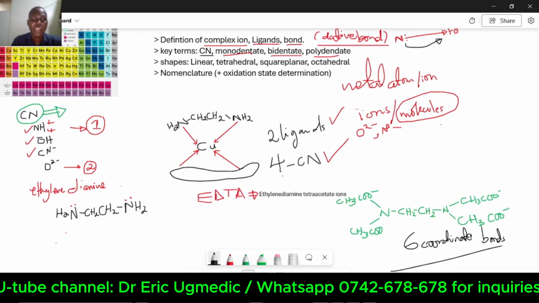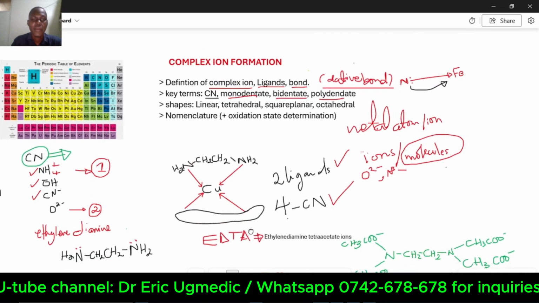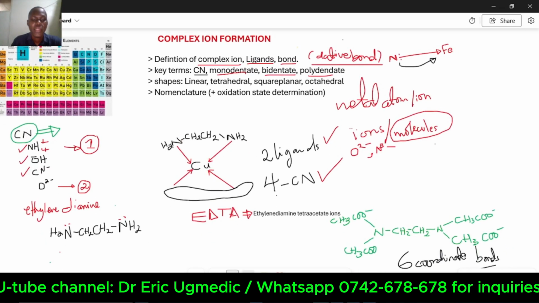So those are the types of ligands, and we can come back here. The next on our objectives is other shapes. Ideally, these shapes are supposed to be covered under physical chemistry. However, I'll just talk about them briefly. So linear: the central atom and the ligand are joined by one bond.